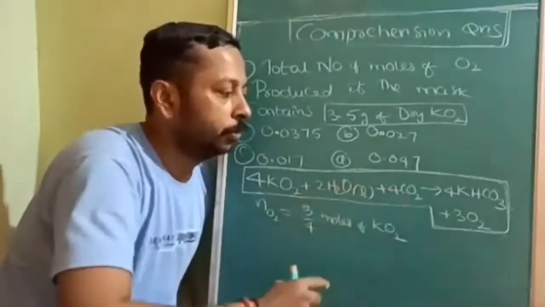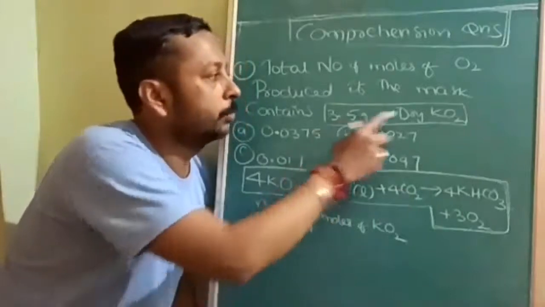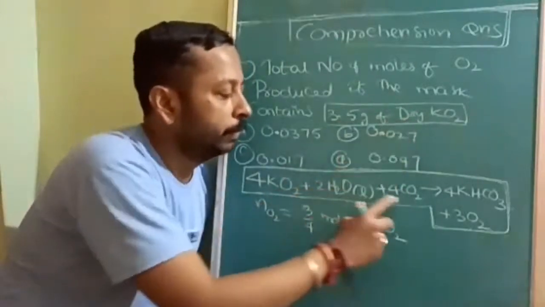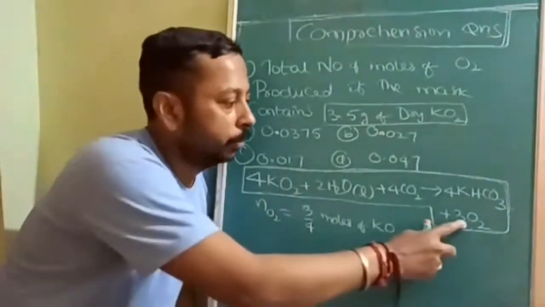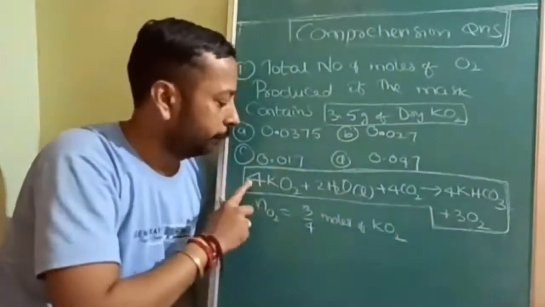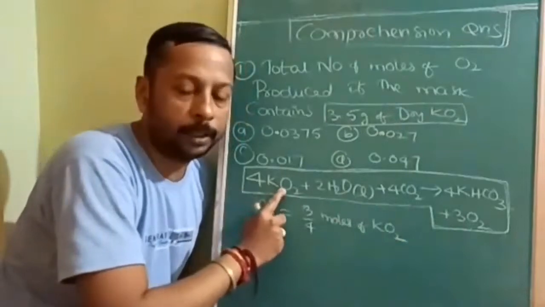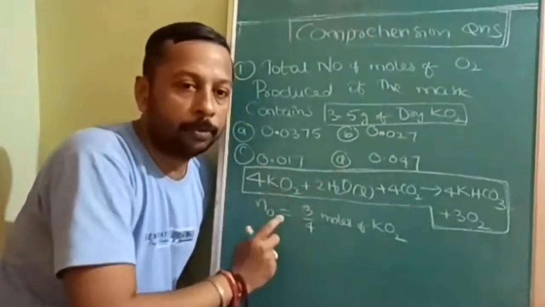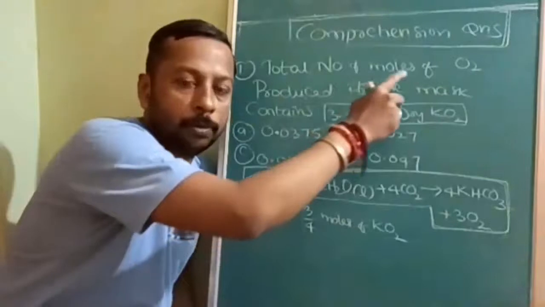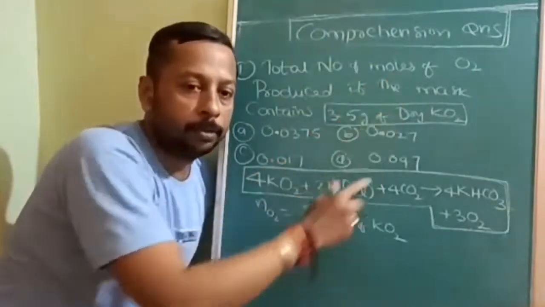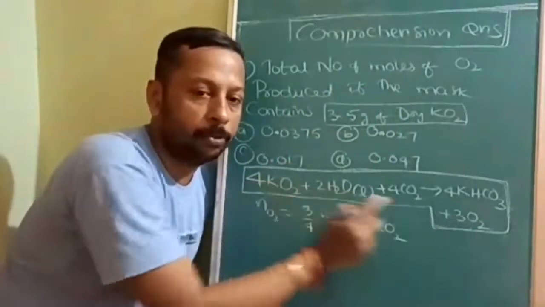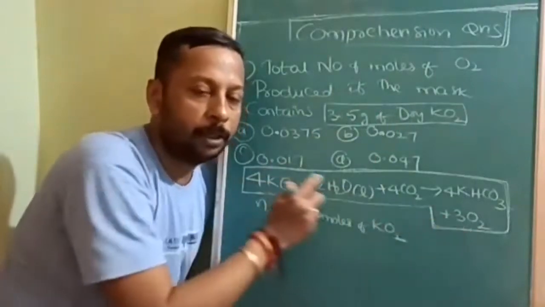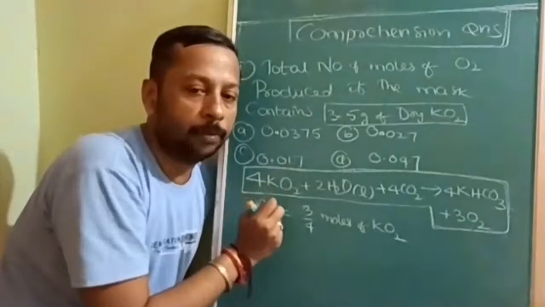Water and CO2 both are needed and the superoxide has to be kept dry, but these will be provided from the exhaled gases. So 3 moles of oxygen are liberated when 4 moles of potassium superoxide are used. Our intention is to find the moles of oxygen. So 3 moles is produced when 4 moles are used, so 1 mole is produced when 3 by 4 moles of KO2.